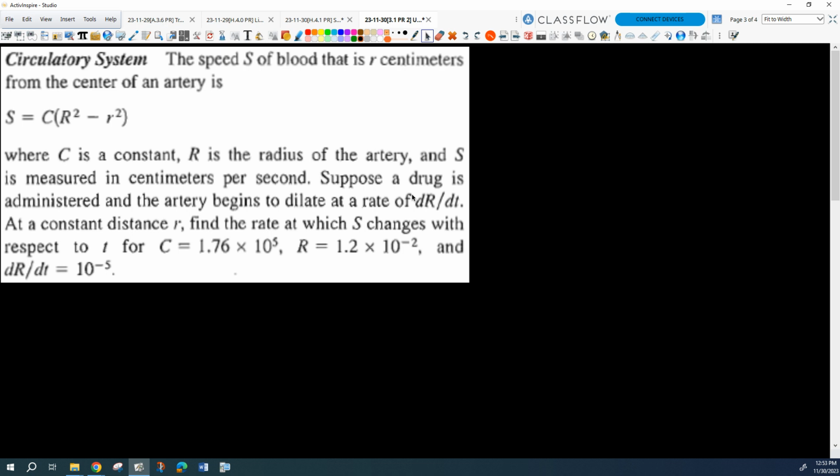Capital R is the radius of the artery, and S is measured in centimeters per second. So suppose a drug is administered and the artery begins to dilate at a rate of dR/dt at a constant distance r. Find the rate at which S changes with respect to t.